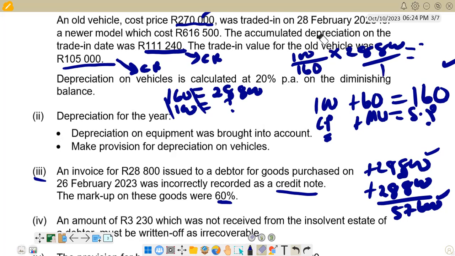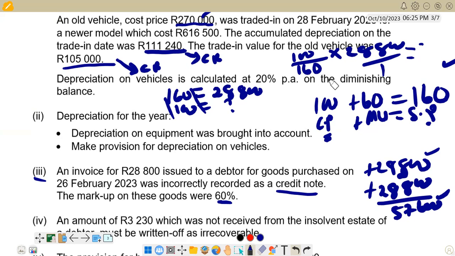So we are going to multiply by 57,600 as the selling price that we have, which is the 160%. What we are saying is this, we are going to have a double effect. So the double effect on the sales we had 57,600. The double effect also is going to be here on the cost of sales.